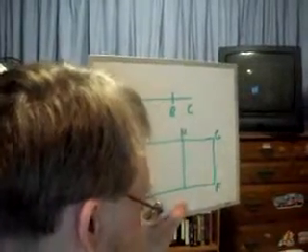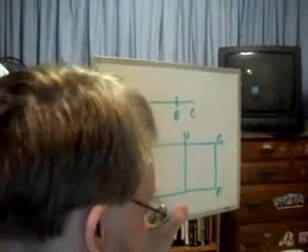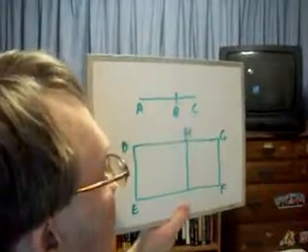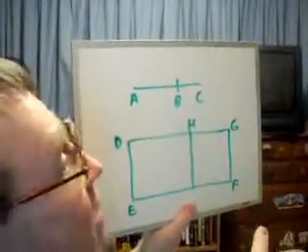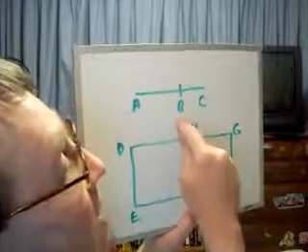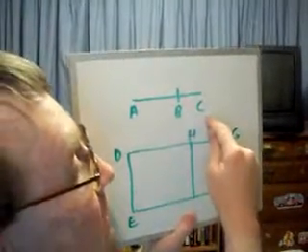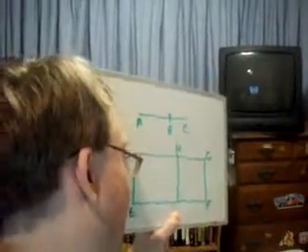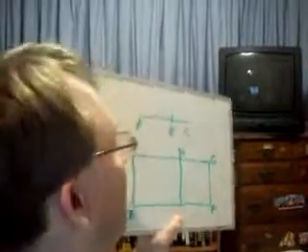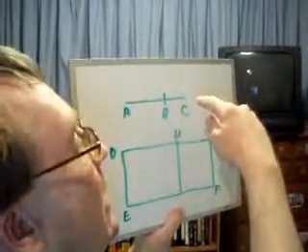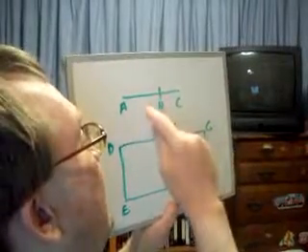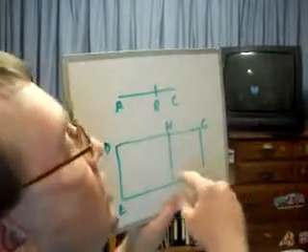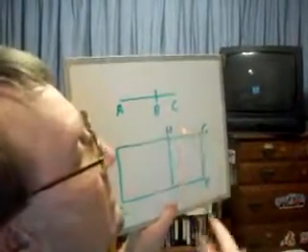Then, since the square on AC is equal to the squares on AB and BC and twice the rectangle AB, BC, now we're going to draw a rectangle. Two sides of that rectangle are going to be AB and two sides are going to be BC. So in order to get the area of the square on AC, you have to first add the area of the square on AB and the area of the square on BC, and you have to take the area of the rectangle AB, BC.